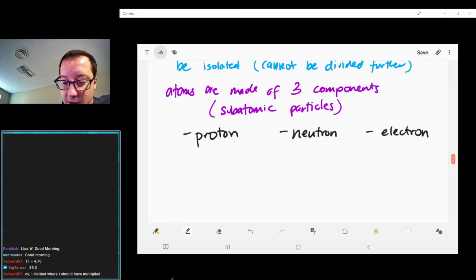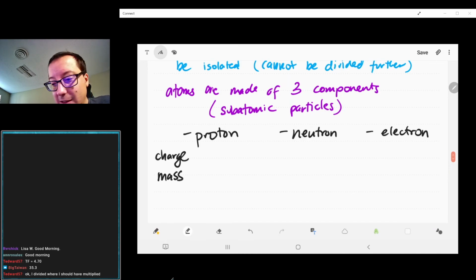And let's just go ahead and compare them. We're going to see that there are some quantities we can talk about relating to these particular particles. And let's see, how about location? We can talk about these things.